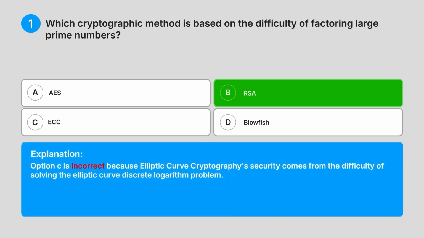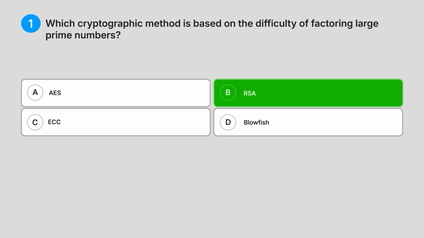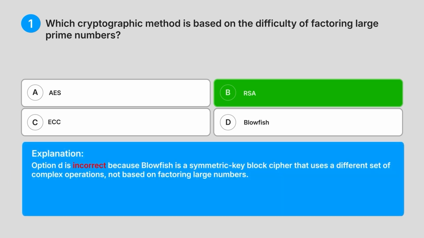Option C is incorrect because elliptic curve cryptography security comes from the difficulty of solving the elliptic curve discrete logarithm problem. Option D is incorrect because Blowfish is a symmetric key block cipher that uses a different set of complex operations, not based on factoring large numbers.